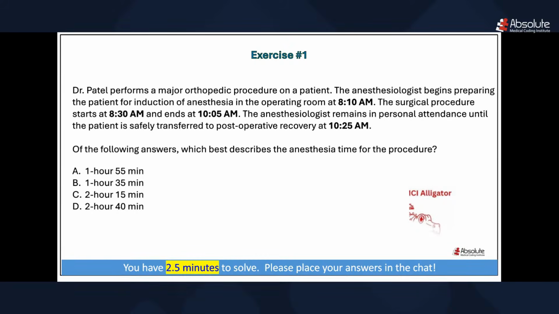Of the following answers, which best describes the anesthesia time for the procedure? Coders, place your answers in the chat. Don't worry, even if you get it wrong, no worry. We are here to learn together. All right? Give your best answers. Okay, I can see a lot of people are here watching the live session, so I expect everyone to participate. Go ahead, coders.